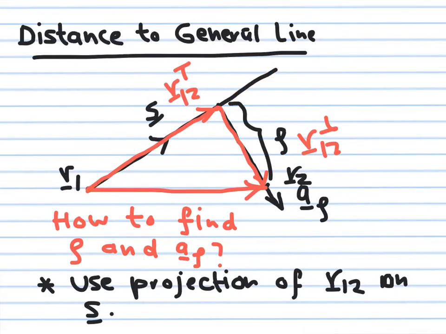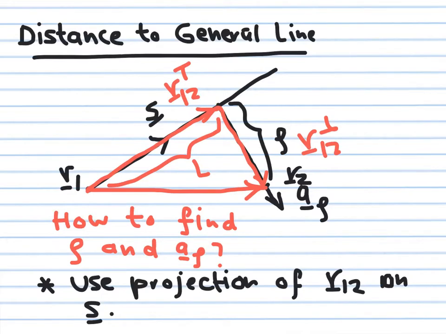How did we do that in class? First, we found a unit vector in the direction of S, and then we projected R1,2 in this direction to get the length L. We call this length here L. So I'm just going to illustrate this one here. So we call this length here L, by doing a dot product.